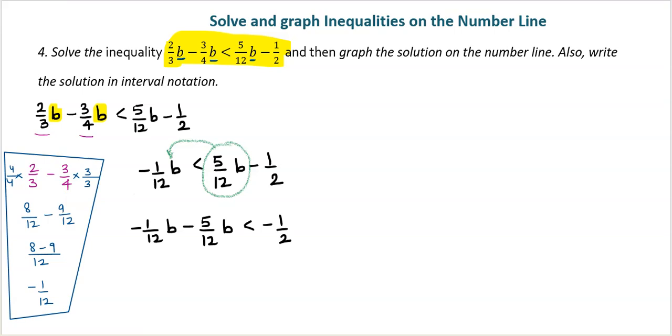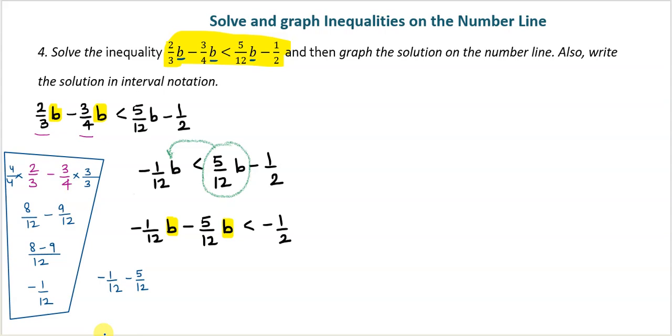Again the same thing. The two terms on the left have b in common, as in the previous step, so you can work on these two terms together. Minus 1 over 12 minus 5 over 12. These two are the coefficients of b.